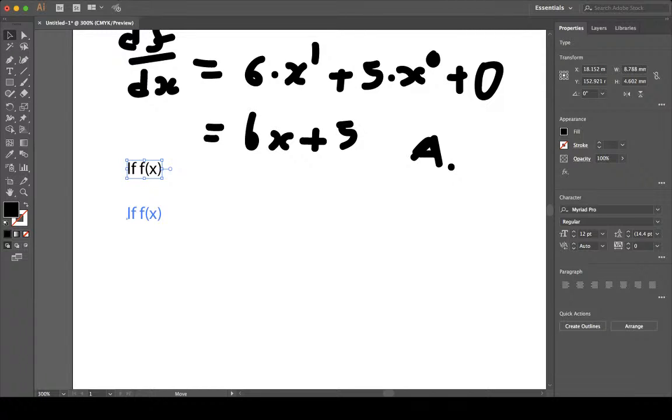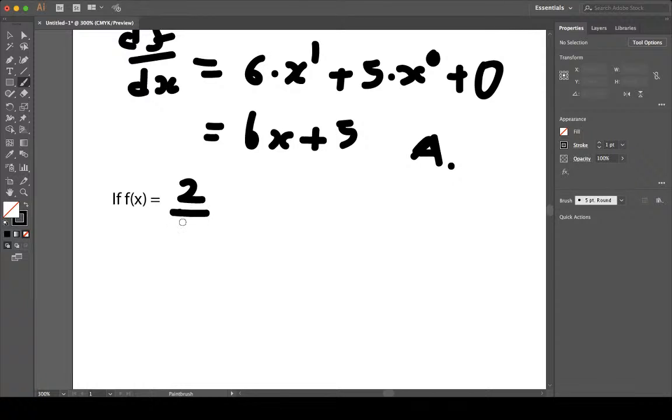If function x equals to the function here, let's go and just write that down, 2 over 3 x cubed, there we go, minus a quarter x squared.